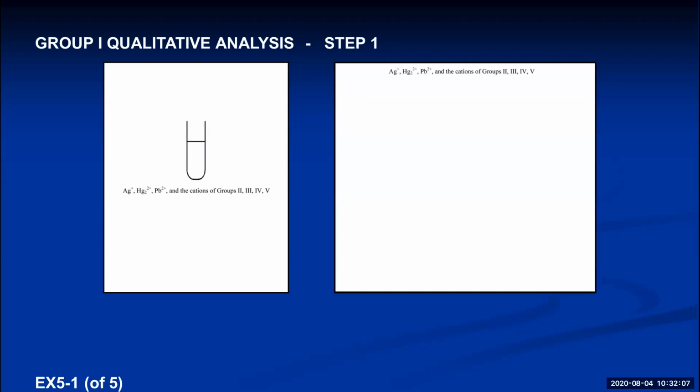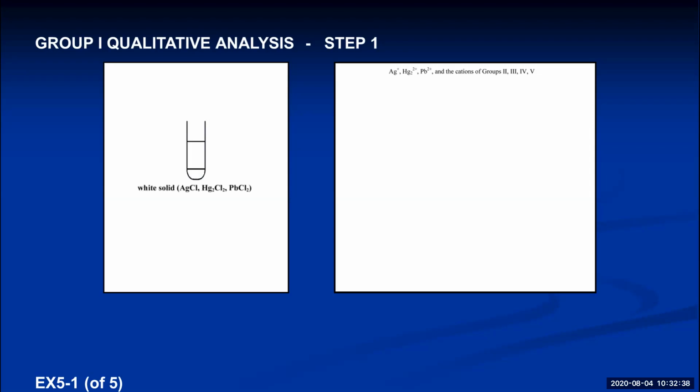And I'm going to then draw a flow chart representing the procedural steps we're doing here in this particular experiment. So the first step, add 6 molar hydrochloric acid. The chloride ions will bond to any silver ions, mercury 1 ions, or lead 2 ions that are in there and create a precipitate. And if you take that test tube and put it in a centrifuge and whirl it around, you're going to pack the solid at the bottom, and it's going to be very clear that you've now separated this into a solid phase and a liquid phase.